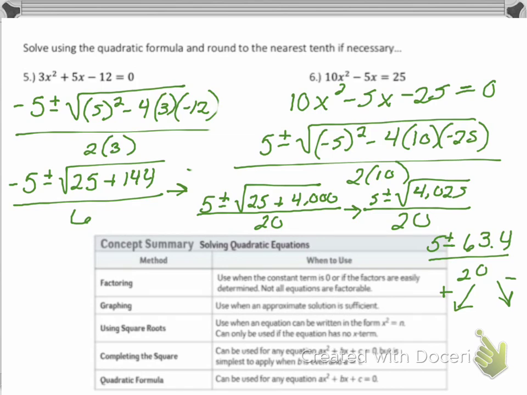So what I'll do is let's do plus first. So I'll do 5 plus 63.4. That gives me 68.4 divided by 20, and I get approximately 3.4. And then I'll do 5 minus 63.4, divide that by 20, and I get approximately -2.9. So that's a great example of how that square root isn't perfect, how it's going to look, how it's going to turn out.